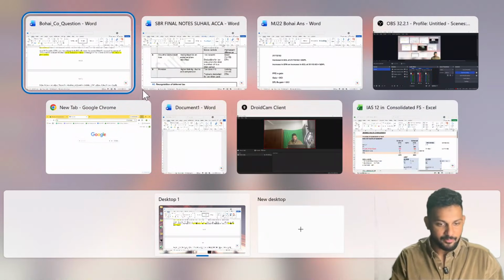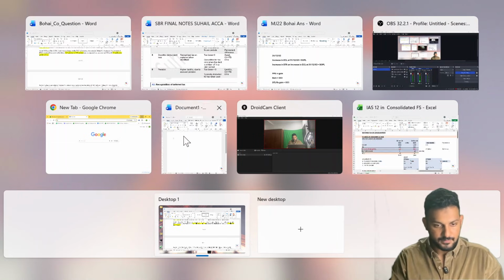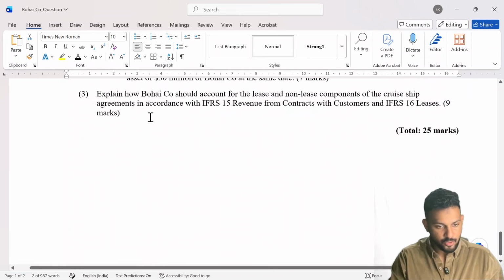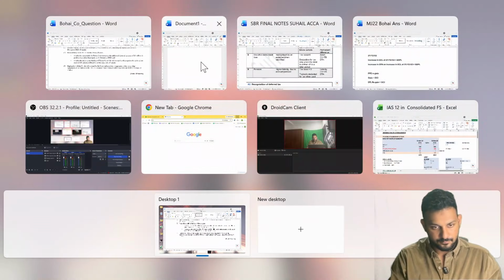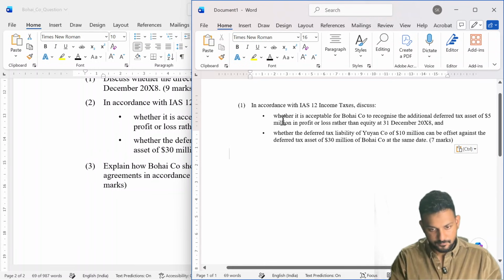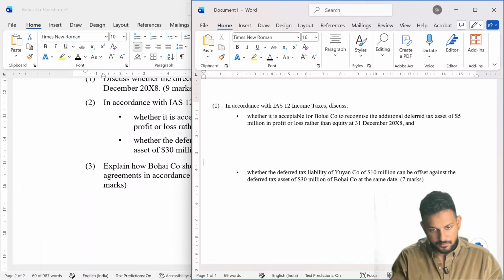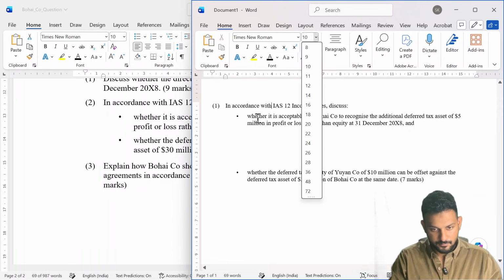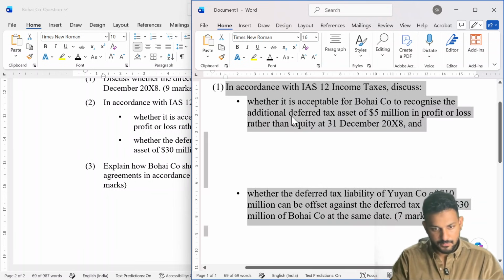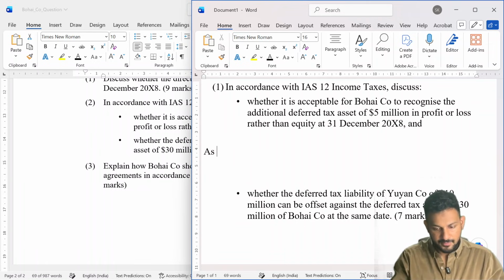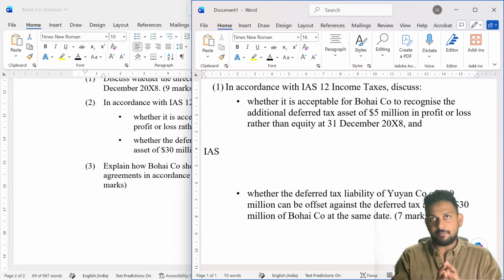So let's answer requirement A. I'm just copying the requirement. Let's answer. Let's talk about the theory parts here.